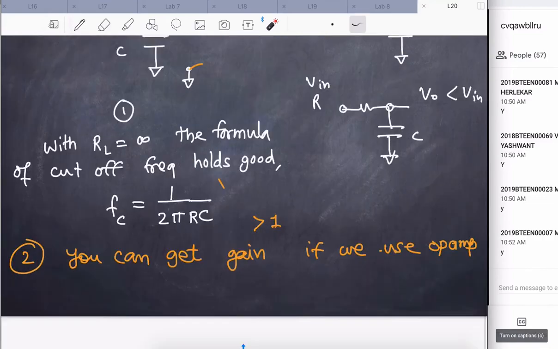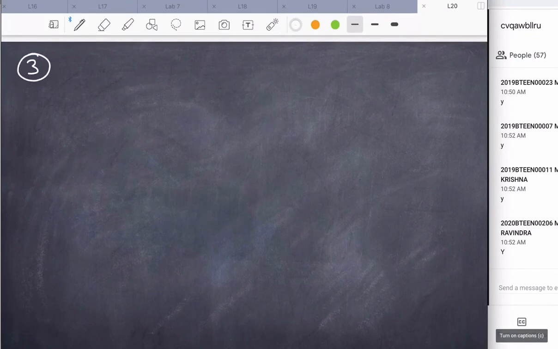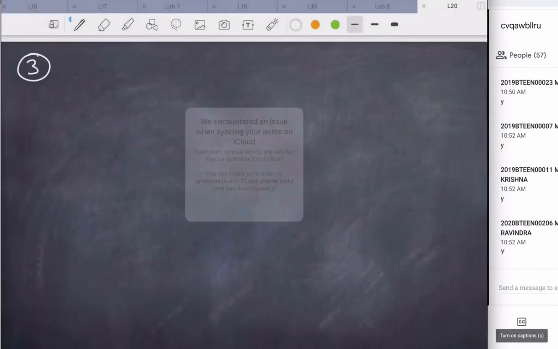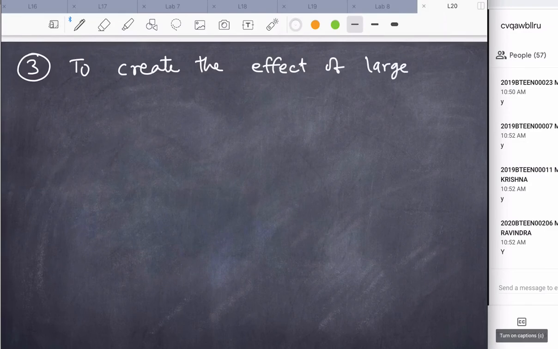Okay. Third advantage is to create the effect of a large capacitor if needed. As we all know, most of the circuits are put inside an IC, because we want everything in a small package.